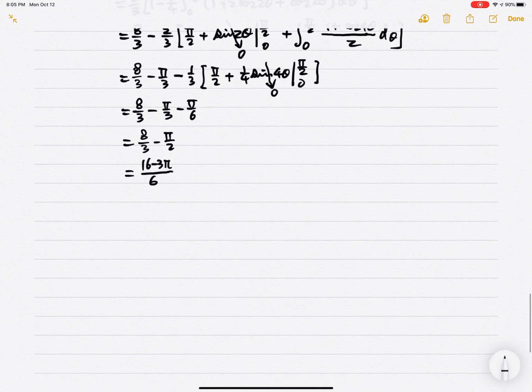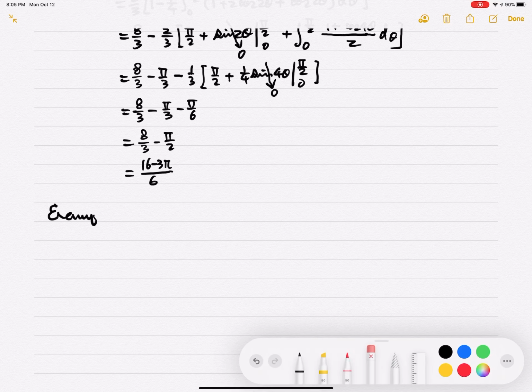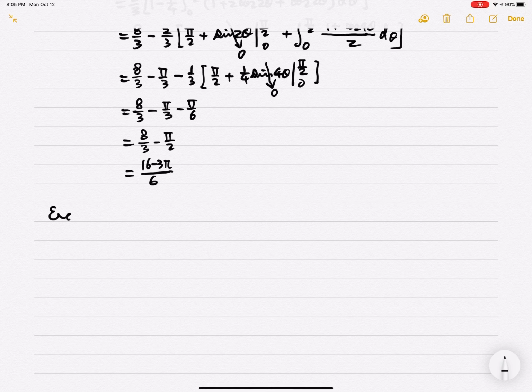Let's look at another example. Example 3: evaluate this one.